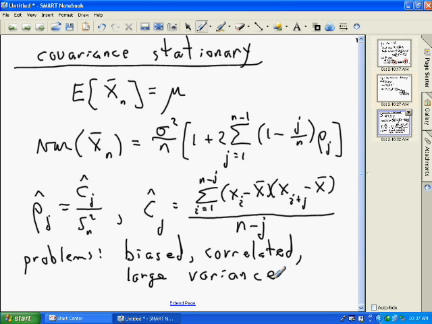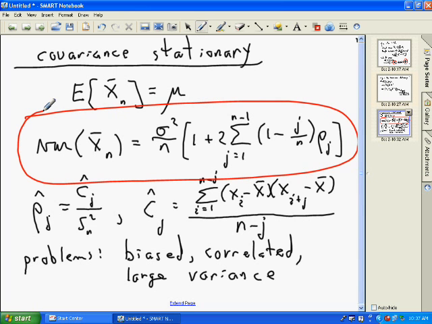Unless you have a really, really large sample size, and then you have to do a tremendous amount of calculations, this is not a good thing. Technically, we can use that to build a confidence interval, but it's highly unreliable because the estimates are so bad.